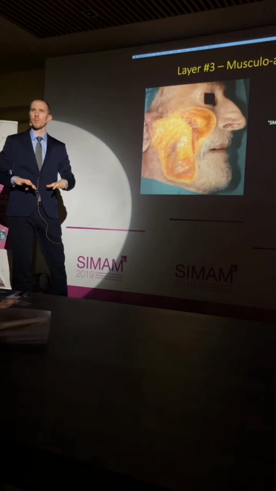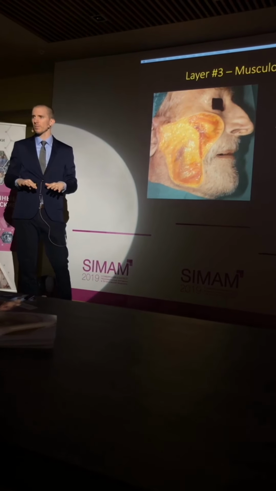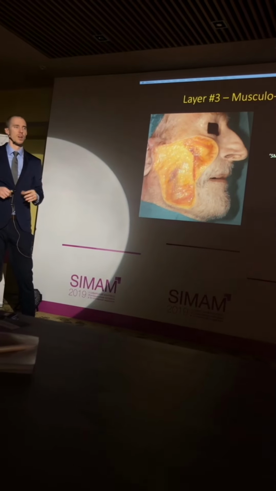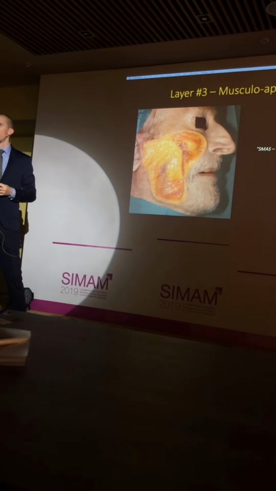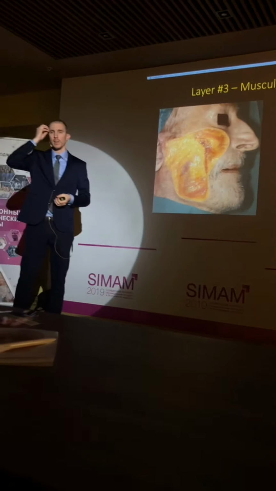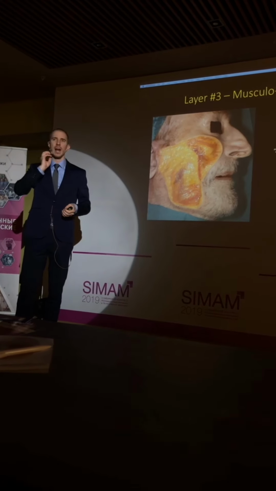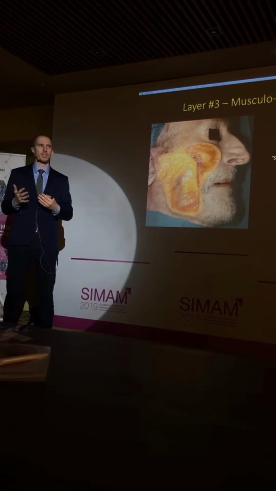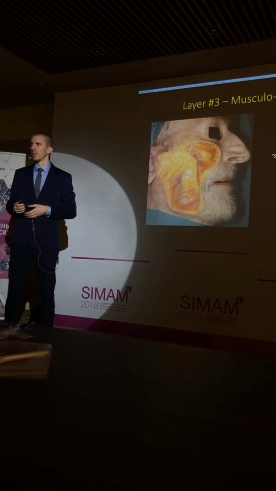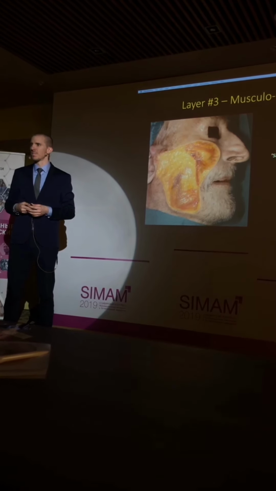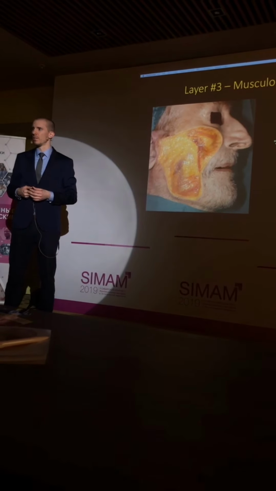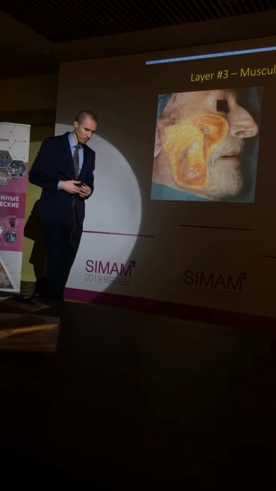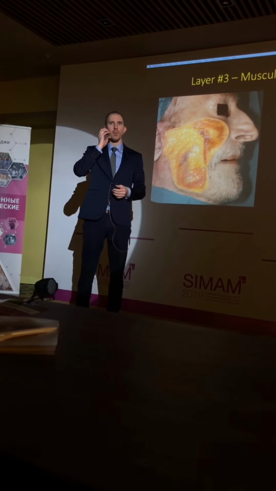It's one step deeper, not part of the five layers we are talking about. Masseter muscle, temporal muscle, and glands are deeper structures. They are not mimetic structures.